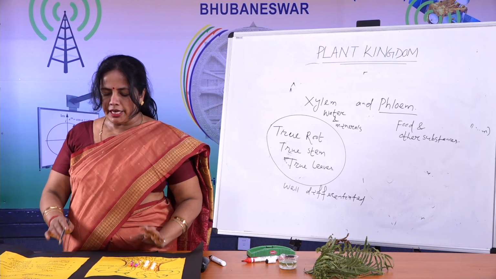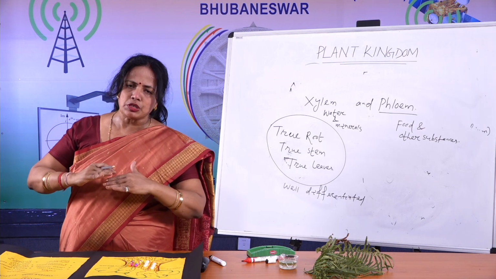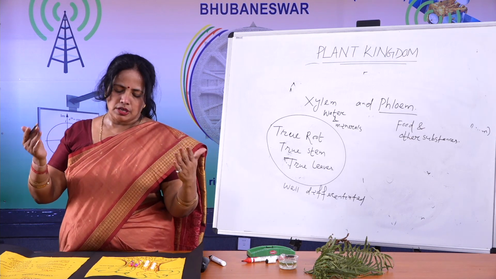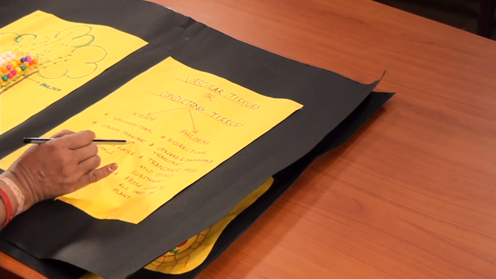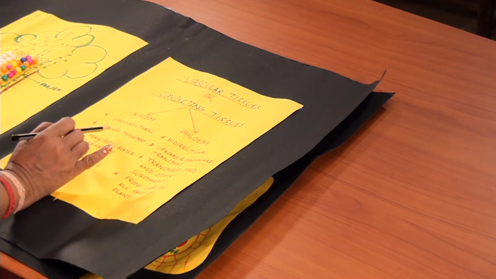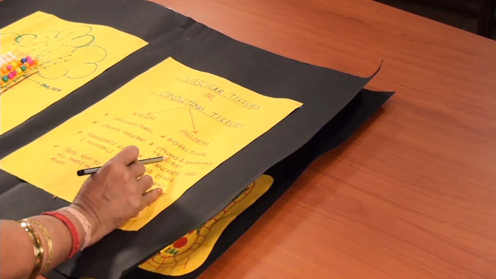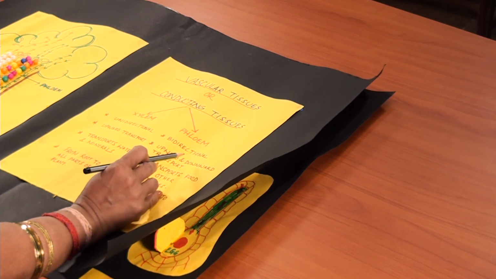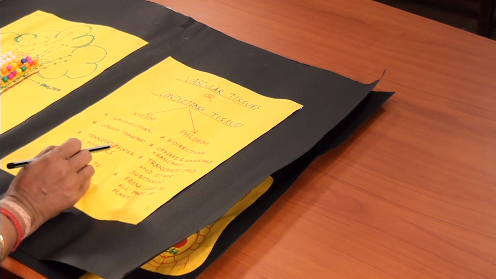Because it is taking water from the roots to all parts. And you know, the root is the lowermost part. The other parts are above it. So it is unidirectional and it is upward transport, from the roots to all parts of the plant. Then coming to phloem, upward and downward transport, because from the leaf to upper parts as well as to lower parts.